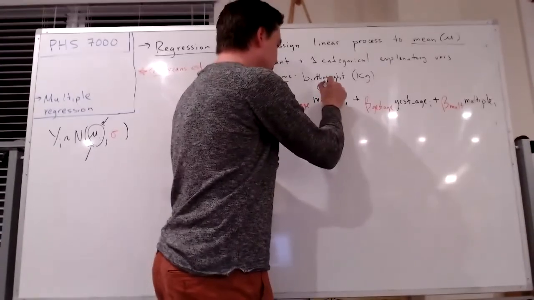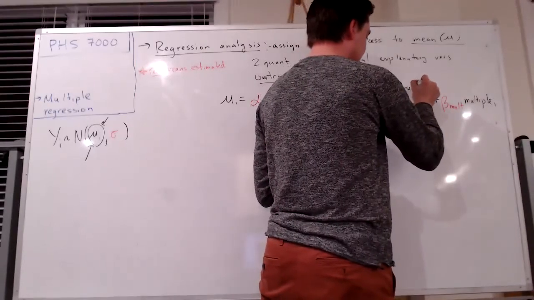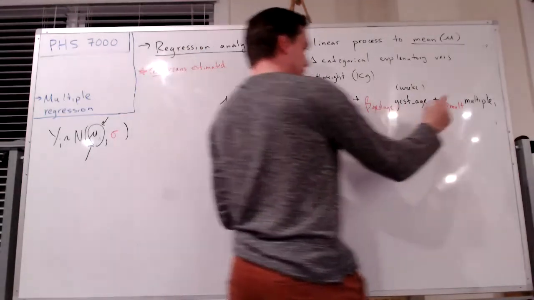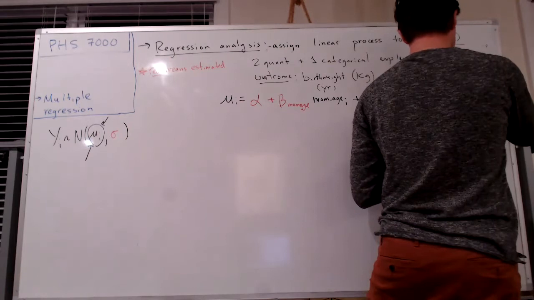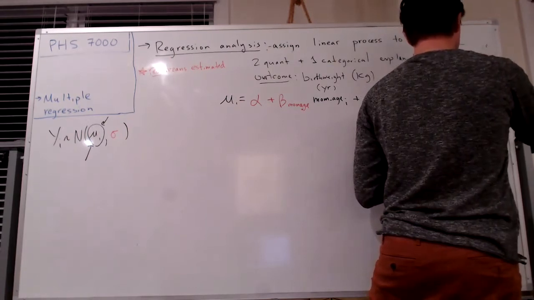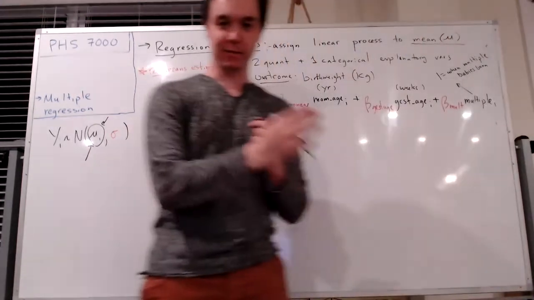So this is in years. Mom age, gestational age is in weeks. Remember, I said to keep careful eye on the units. And multiple is 1 when multiple babies were born during the same event.